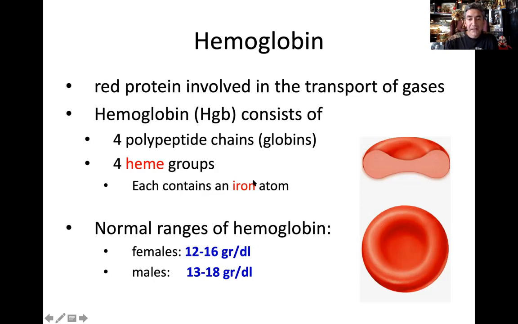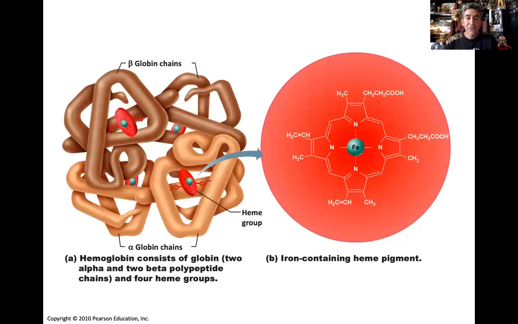But let's look at that important hemoglobin molecule. So 4 globins. Here we have a brownish globin, a lighter brownish globin, another globin, and another brown globin. So 4 of these polypeptide chains, and in the center of each chain we have this little red disc, the heme, and in the center of the heme we have Fe, the element we call iron.